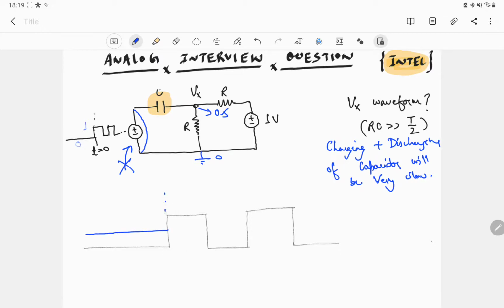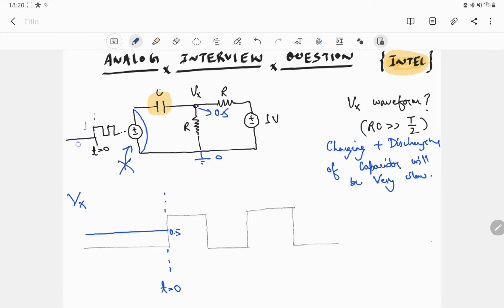So this is t equal to 0. This is 0.5. So the waveform will be at 0.5 and the Vx voltage will be at 0.5.